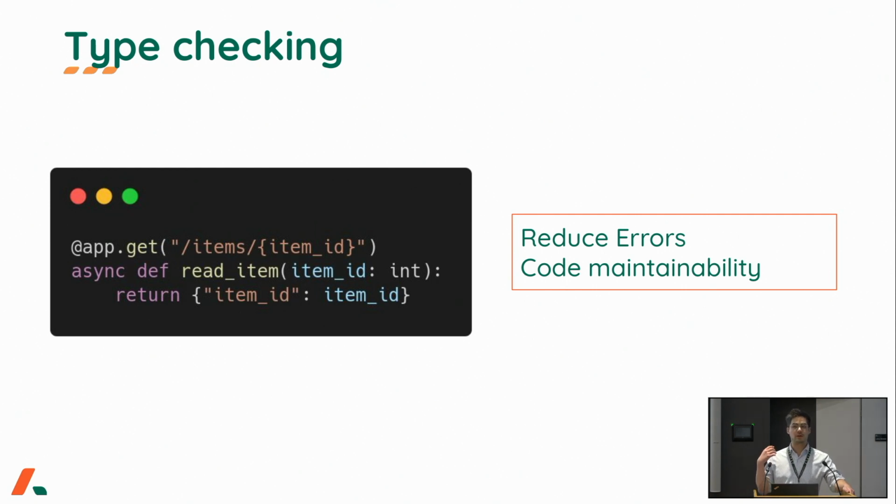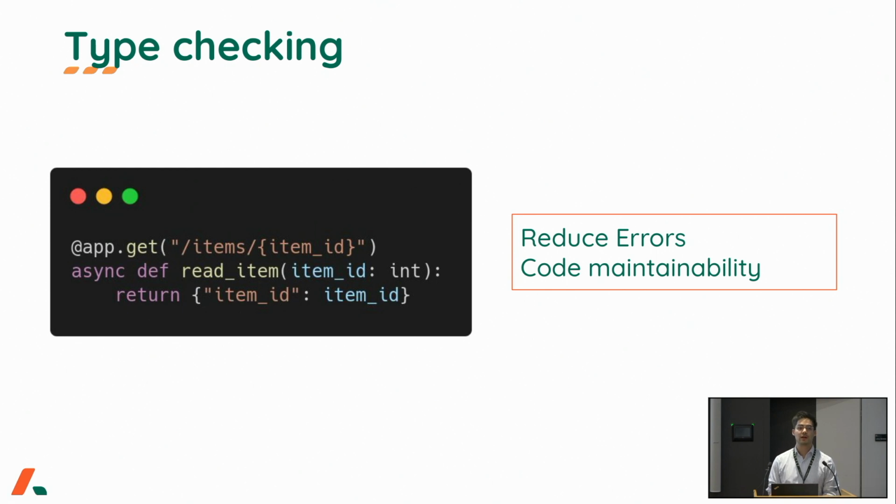So when you use this route, it will ensure that item ID is an integer, otherwise you will have an error. This mechanism prevents you from misusing some parameters and reduces errors.